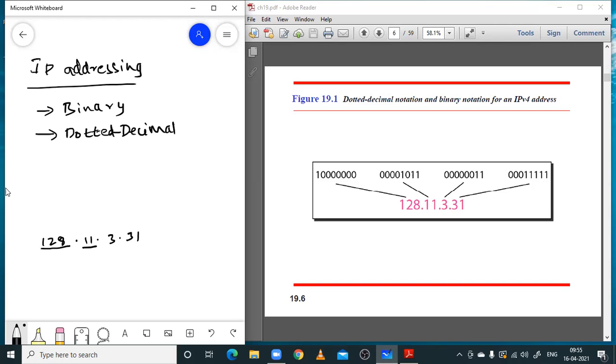This is the first octet, this is the second octet, and this is the third and fourth. Every octet means 8 bits. So how will the binary representation be done? Let us see here. To represent this dotted decimal number in binary, we have to write 8 bits. This is the first octet.